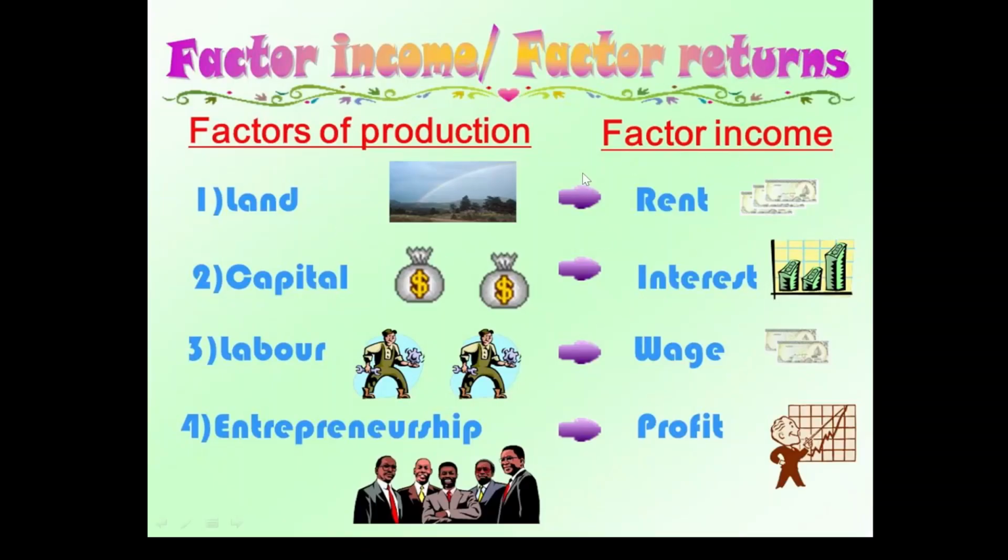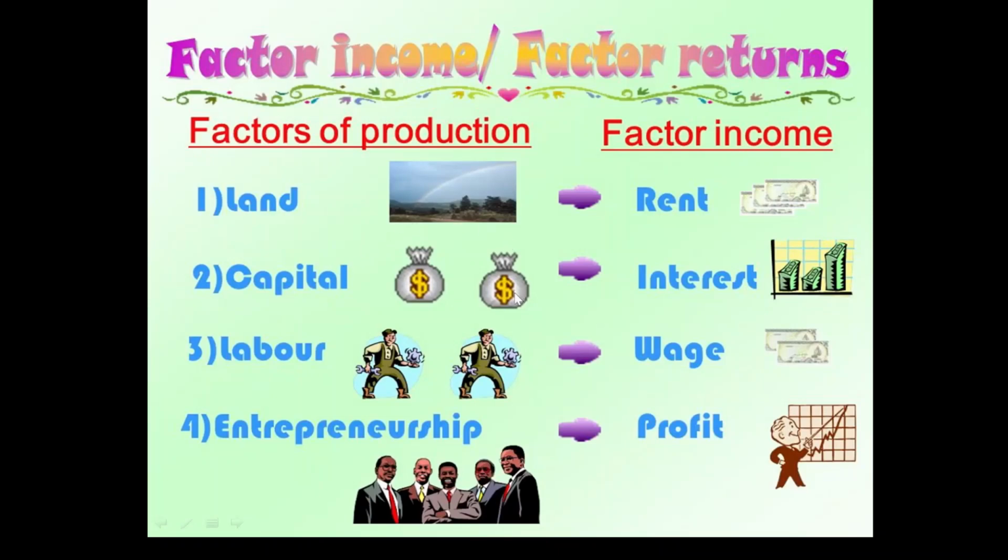Also, when the manufacturer produces the goods and services, have you ever wondered what all is required? For any production, land is required, and on the land we have to pay the rent. Also, we have to invest capital, meaning money. And from where does this capital come from?